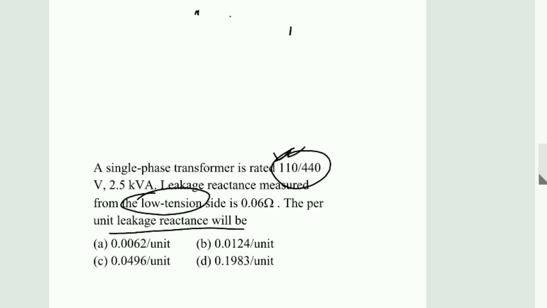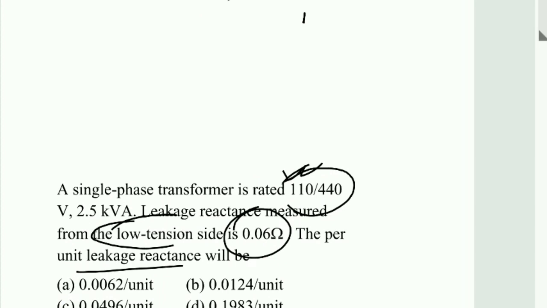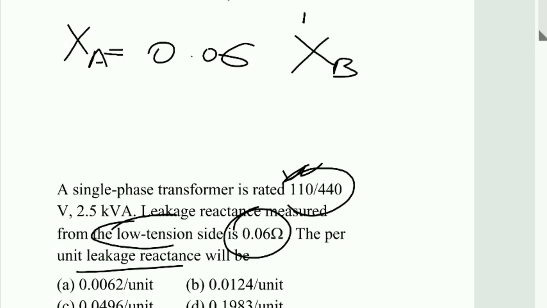From the question we can see the actual value is given, 0.06 ohm, right? So the x actual is 0.06. We have to calculate the xb, that means base value of the reactance, leakage reactance.